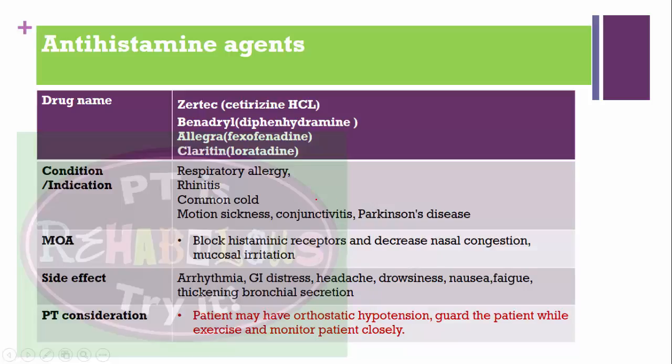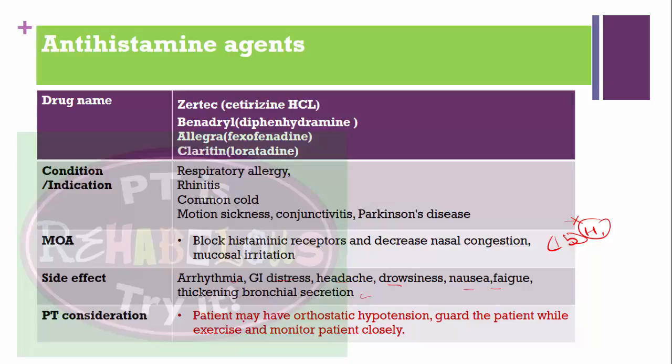Here we have already learned that in your lung we have the H1 receptor. If this receptor is blocked, it will relieve your nasal congestion and respiratory allergy. The main side effects are arrhythmia, GI distress, headache, drowsiness, nausea, fatigue and thickening of bronchial secretion.